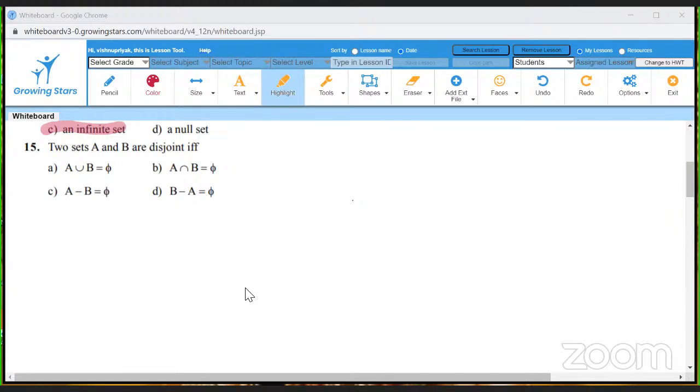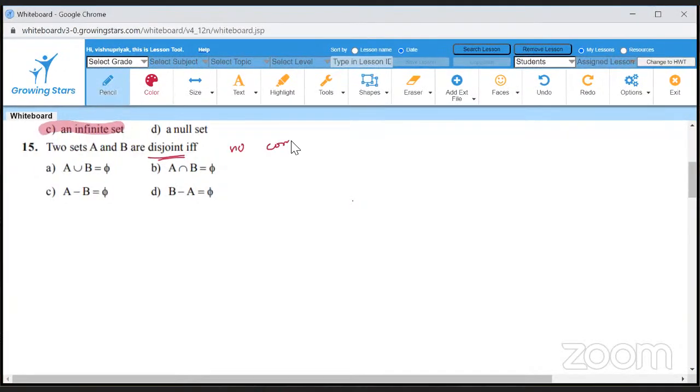Rajeshwari got A, but Lohit got B. 15th one. B is the correct answer. Yes, Soundarya, B is the correct answer. If two sets are disjoint, it means what? Nothing common. No common thing.